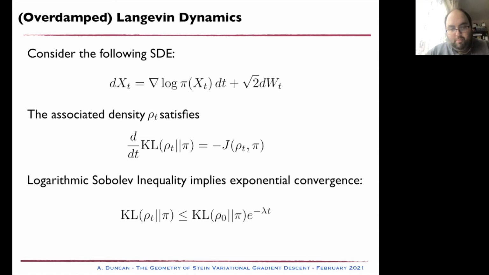And then one might ask, what conditions do you need to get a logarithmic Sobolev inequality? Well, there are various results that one can use, but typically, for example, there's a theorem called the Bakry-Émery theorem, which basically tells us that if pi is log concave, so the logarithm of pi is concave, then that's sufficient for a logarithmic Sobolev inequality to hold.